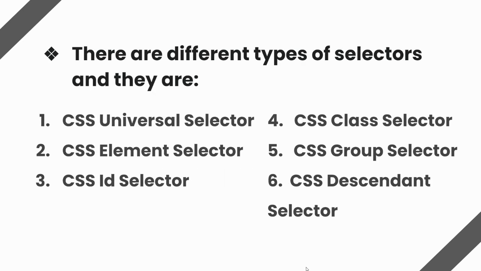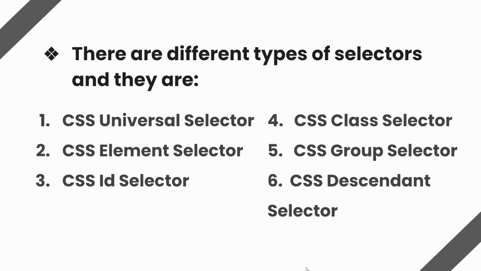So yes, under selectors, there are different types of selectors. The first selector here we have is the CSS Universal Selector. Secondly, we have the CSS Element Selector. Third, we have the CSS ID Selector.